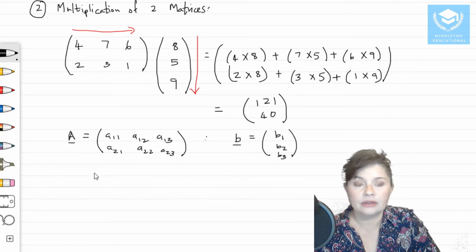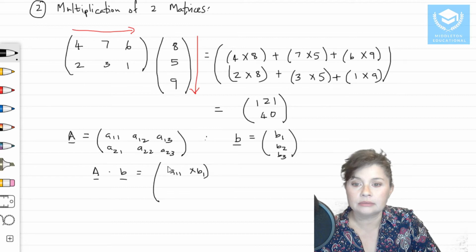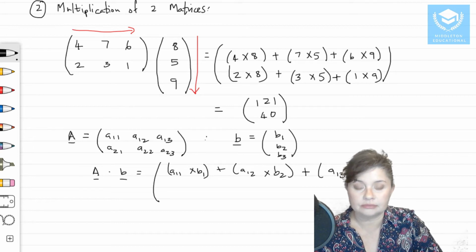Then A times B is going to be A11 times B1 plus A12 times B2 plus A13 times B3.